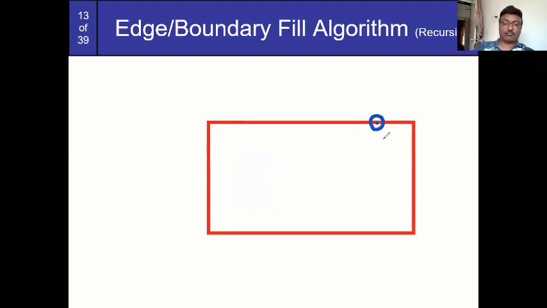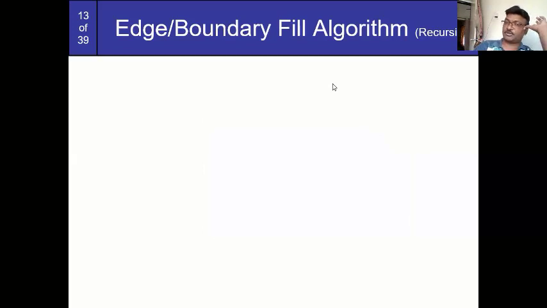Suppose the edge color is white, then you have to pass the edge color 15. And then compare with this edge color. That's why this algorithm is named the edge fill algorithm. This is also a recursive method. Here also I am calling the function inside the function, that's why it is called a recursive function.